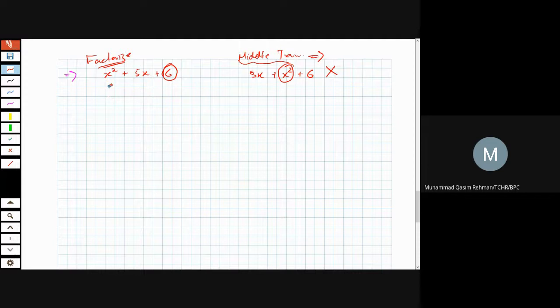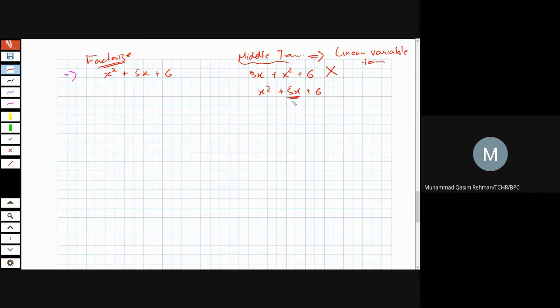So the middle term strictly refers to the linear variable term. Remember this. If you have a shuffled expression, this always applies. So whenever you get a shuffled question, make sure you rearrange it in descending powers of x, and then try to break the middle term. Now 5x is the middle term over here.